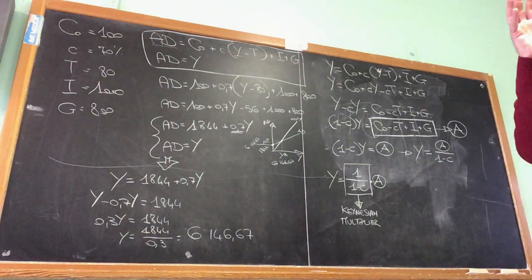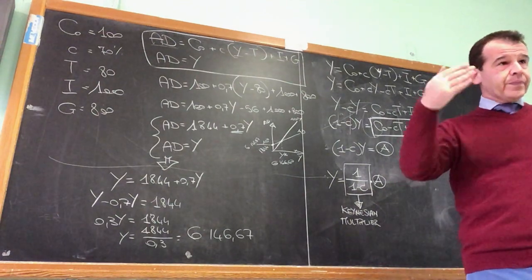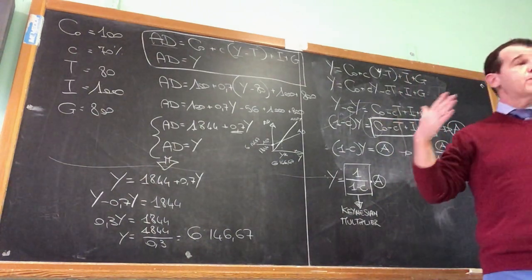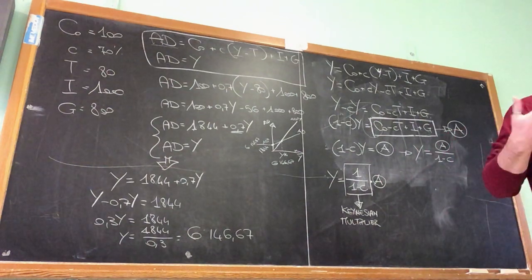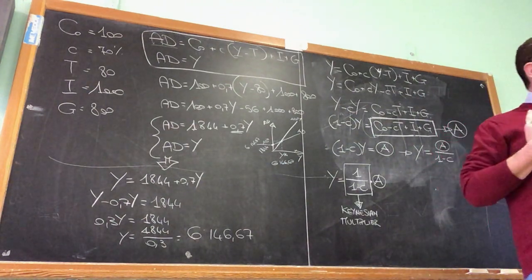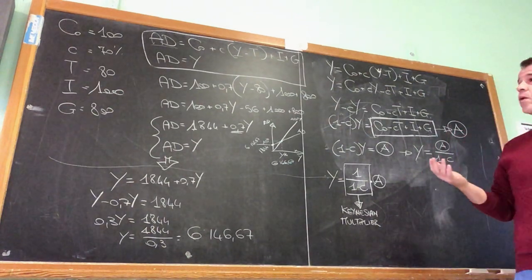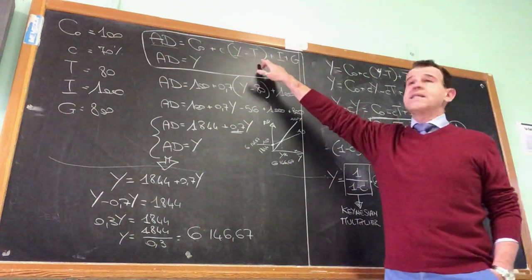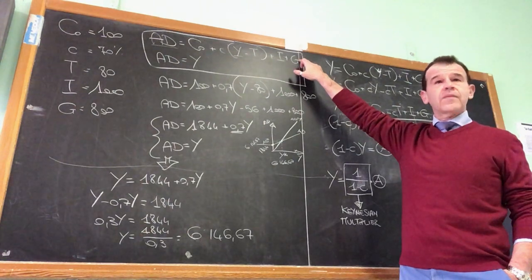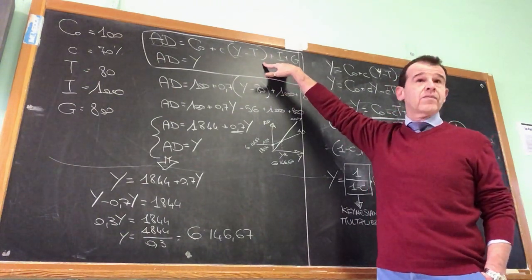So mainly, to sum up very quickly, what Keynes said was that to make the economy restart, the state needs to give jobs to people, because people will have jobs, will earn money, and will restart to consume, and the economy will restart.